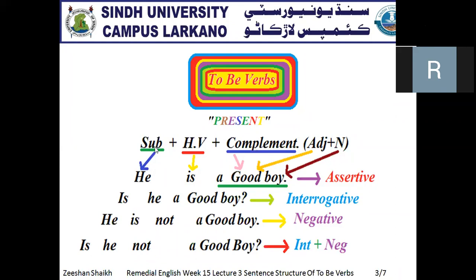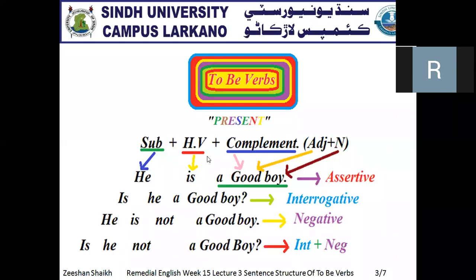Now, what is a subject? Everybody knows that the subject is basically the doer of an action, meaning the person who does any work, he or she becomes the subject. Now the second, the helping verb. Helping verb is also known as the auxiliary verb because it supports the tenses. It supports the verb. Clear?